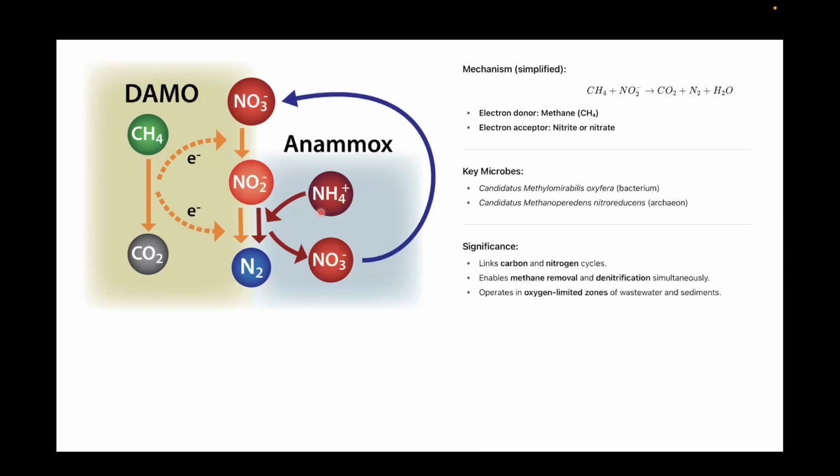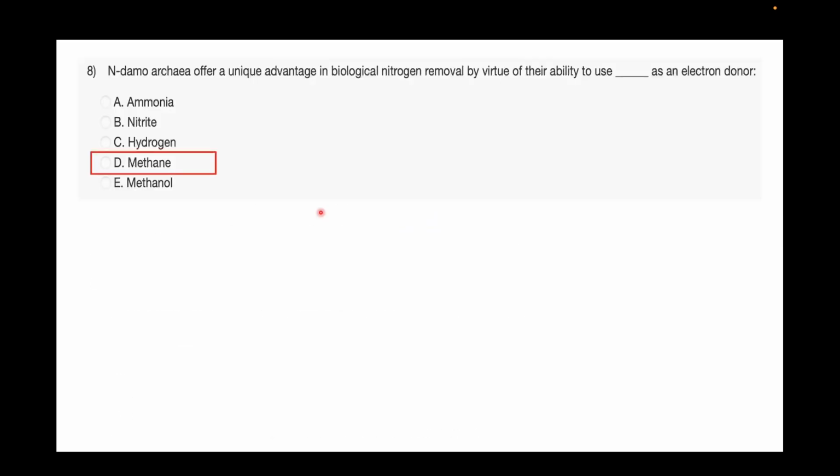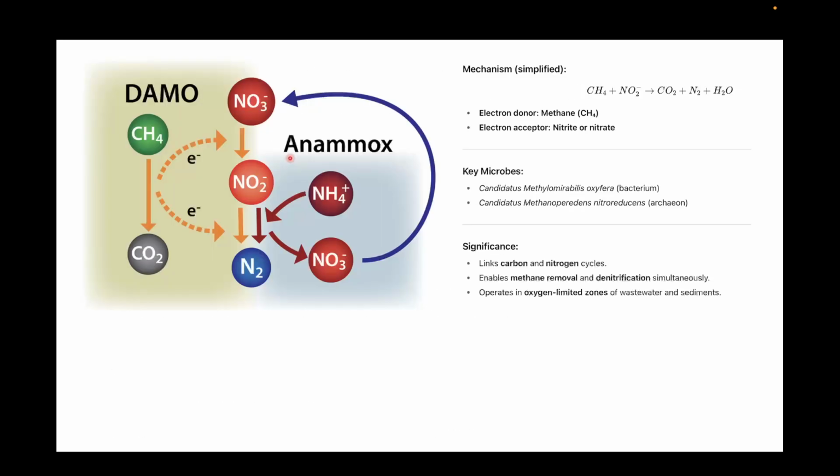So in NDMO bacteria or archaea, methane is the electron donor while nitrite is the electron acceptor. I hope it is clear to the students.